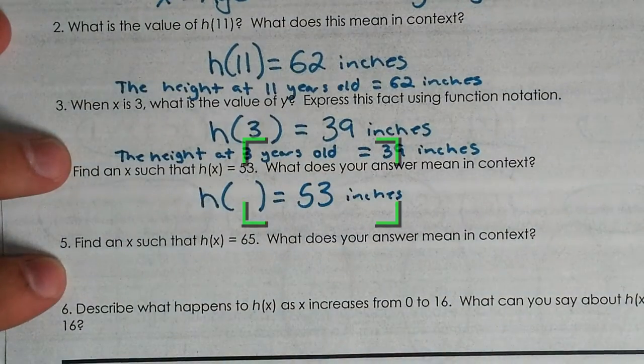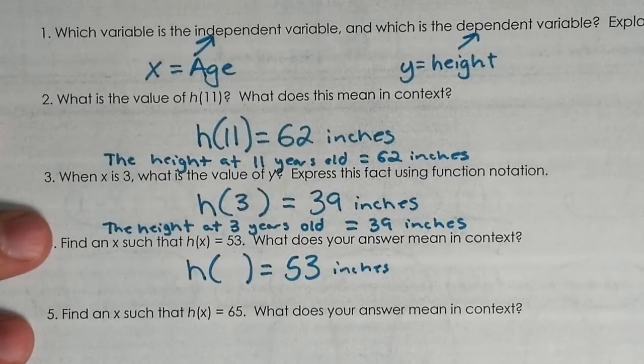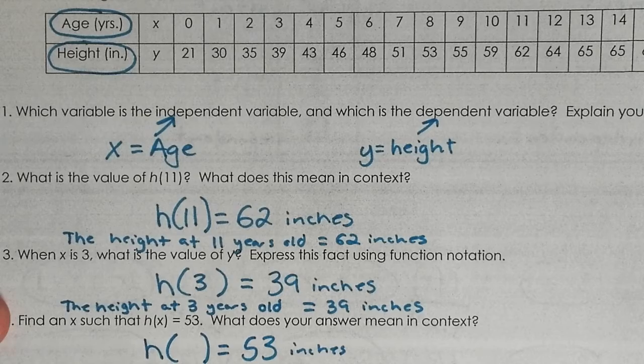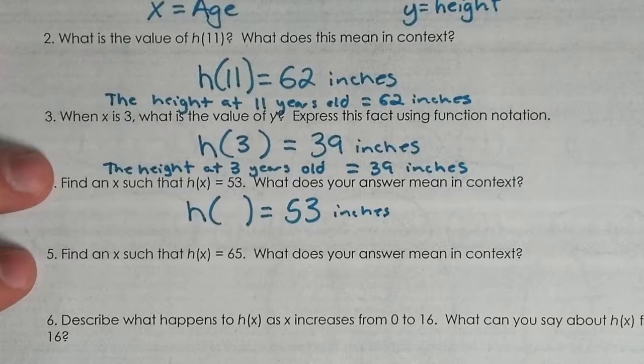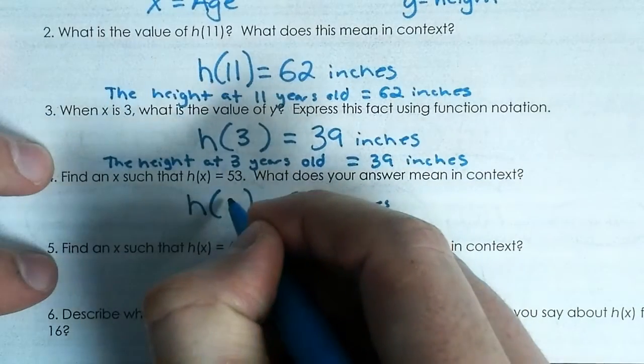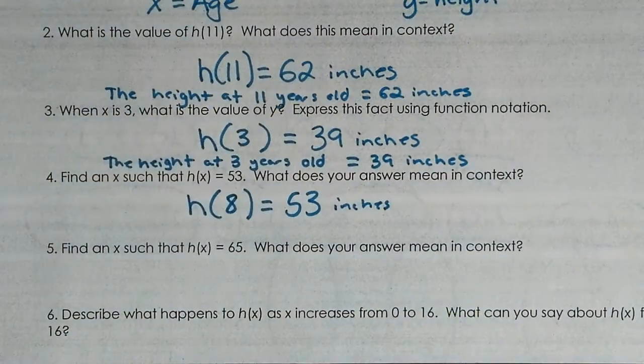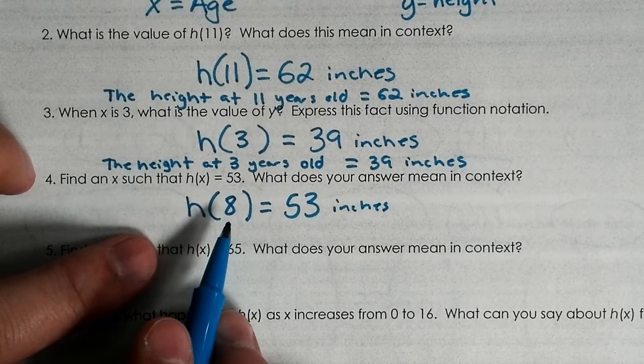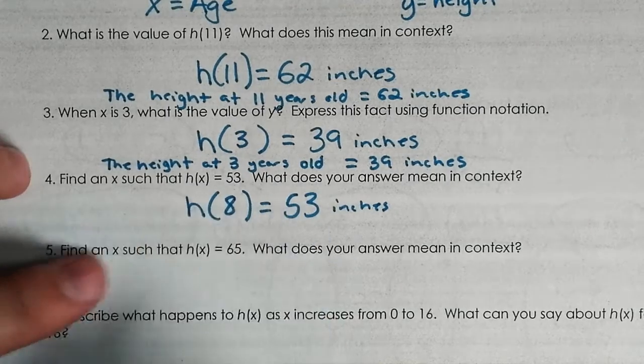Looking back at the chart, what age will give us that? 8. Yeah, 8. So if we plug in 8 where our x is, we're saying at 8 years old, she was 53 inches.